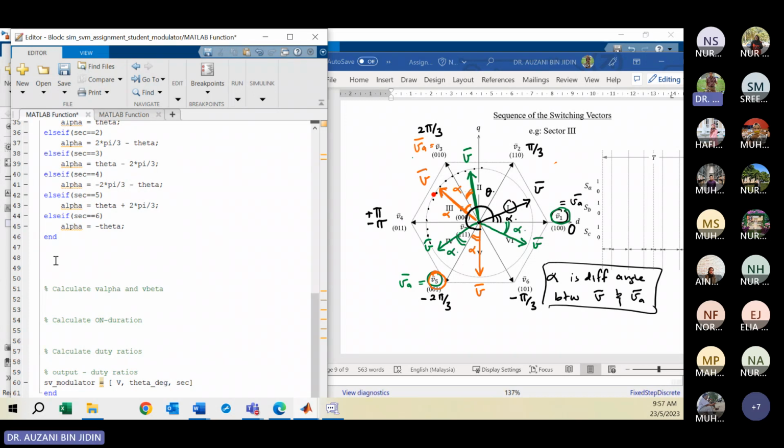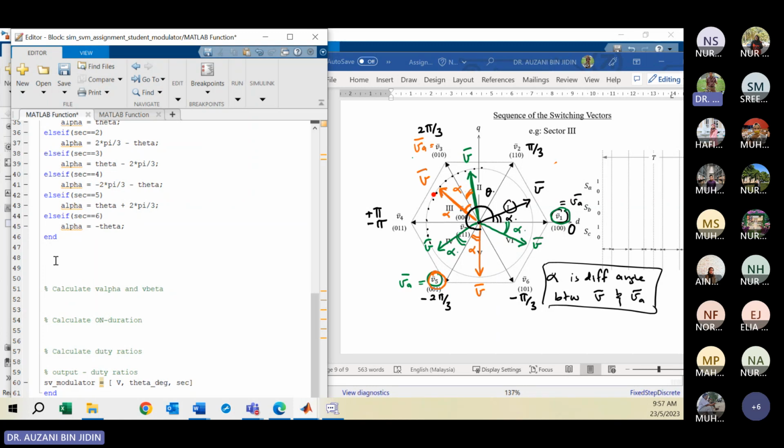Maybe on the 12th, 13th or 14th, you can come to my lab to run the software. Then you can proceed to the other stages. You compare the application and the result.